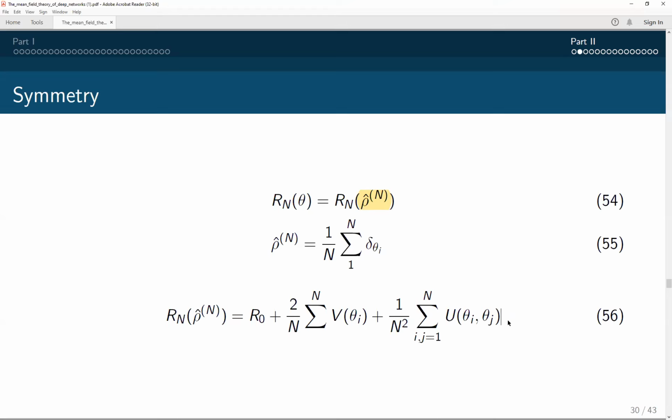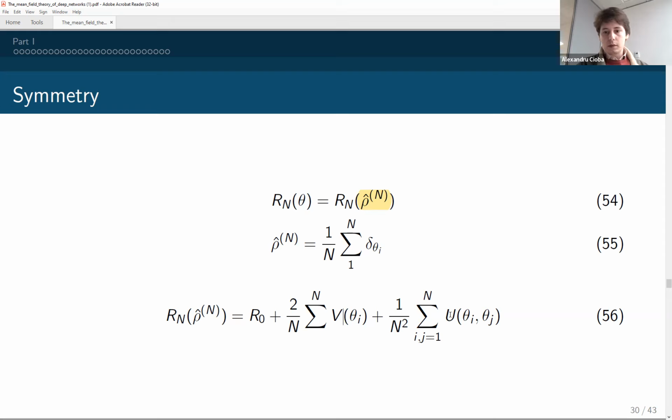So that's why the potential is quadratic. If you have more layers, then it's not. It's more complicated.